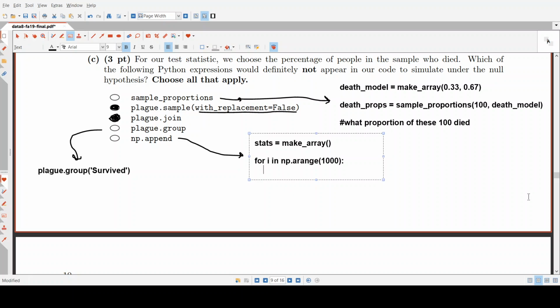We can say stat equals one stat, which is just an example function that will compute one value of the test statistic, and then we can say stats equals np.append stats, stat. So we definitely will use np.append. So our answer is plague.sample with replacement equals false and plague.join.